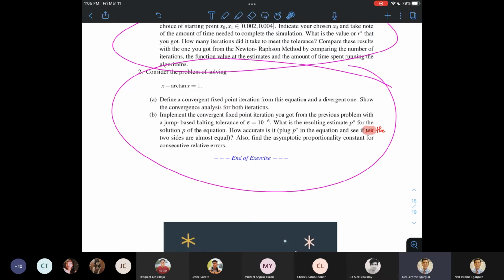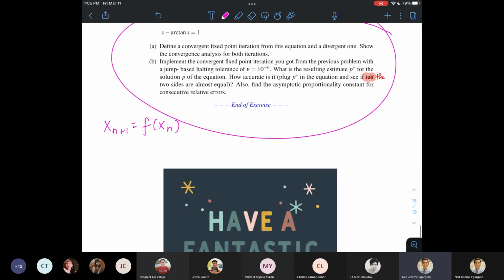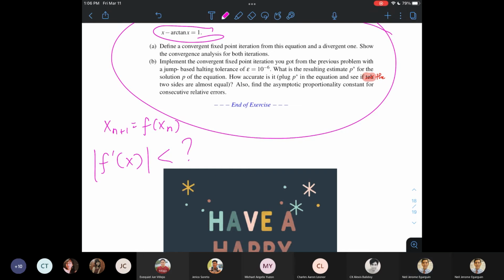So what you can do is, pag nag-define ka na ng x sub n plus 1 equals say f of x sub n, alright? Tapos kukunin mo yung f prime, right? Wala tayong way para ma-compute yung f prime of p. Kasi nga hindi natin alam kung ano yung solution ng equation na to. Yun nga yung hinahanap natin. But what you can do instead is look at ano yung bound para dito.